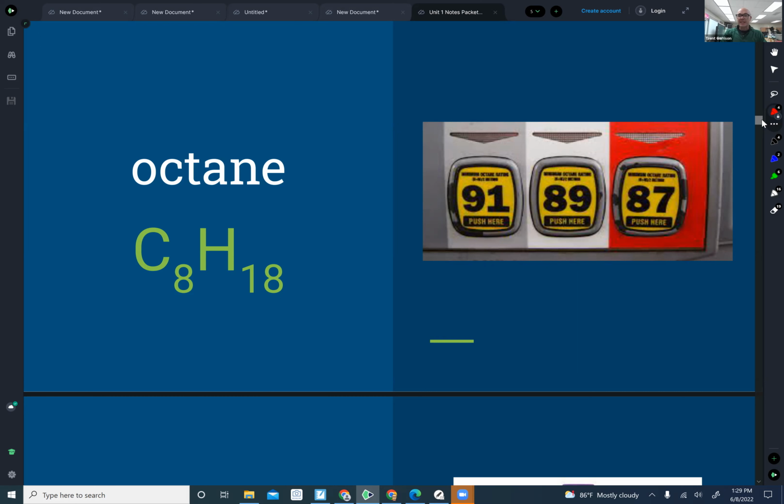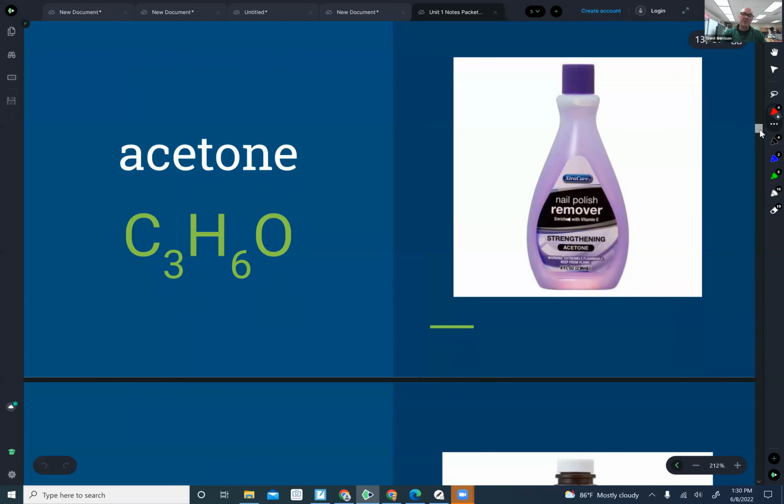We call it gasoline. Notice those numbers on your gasoline pump. Those are the percentages of octane that are inside of that gasoline. The reason why premium costs more is because it has a higher percentage. Now you should probably do the math and realize, well, there's not much of a difference. Why are we paying more for a little bit of premium gas? Maybe your car understands it, but I doubt it.